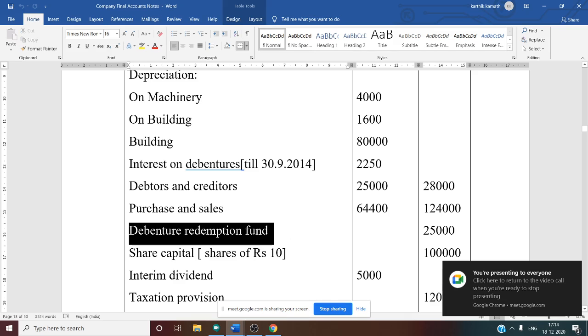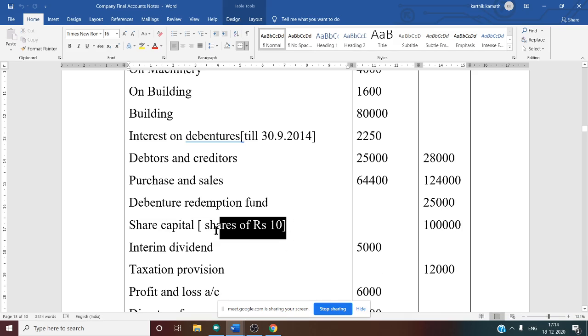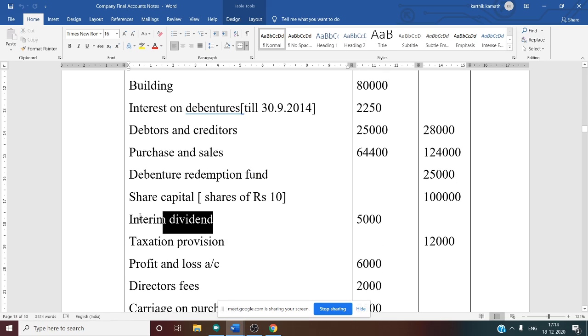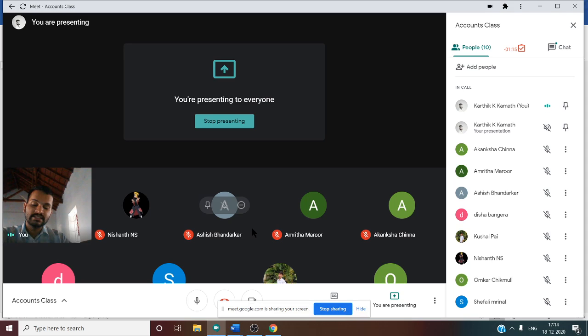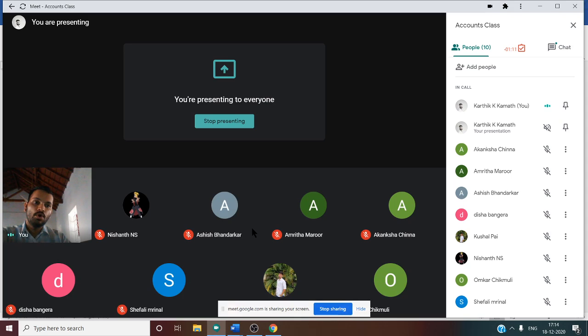Debenture redemption fund, again a fund category item, that is working note number 2, reserves and surplus. There you have to show. Then share capital, working note number 1. Then interim dividend. Interim dividend is given in the trial balance and no other information, so it has to appear only once. Under reserves and surplus, you have to deduct interim dividend from the profit and loss account.